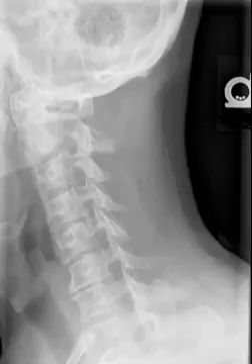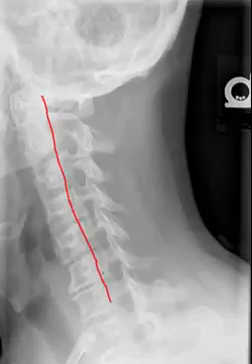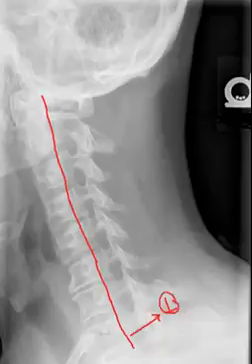Now, there's a quick trick of the trade that you can use that will allow you to adequately identify which side structures you are viewing, which is to draw a line dividing the posterior aspect, or the mid to posterior aspect, of the vertebral body. The visualization of this line will allow you to separate right from left-sided structures. So as you can see very well, this is the left side of the patient, while this is the right side of the patient.